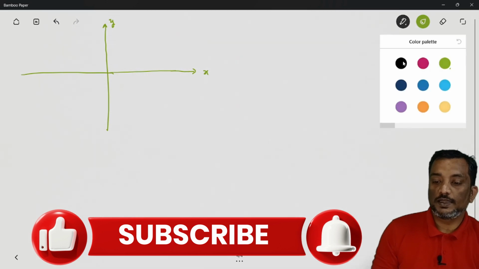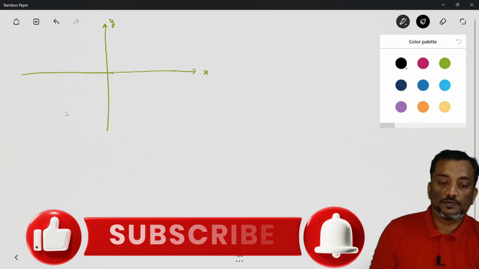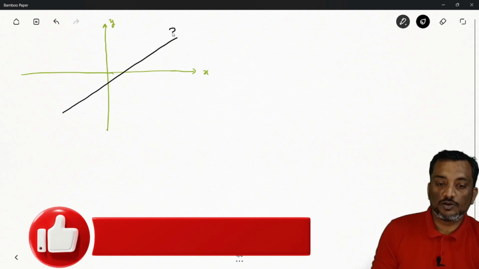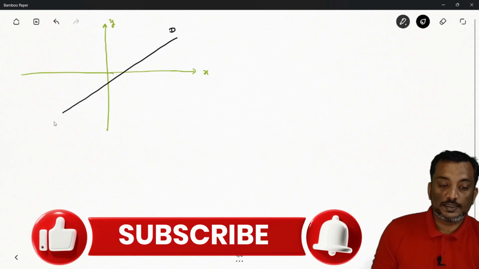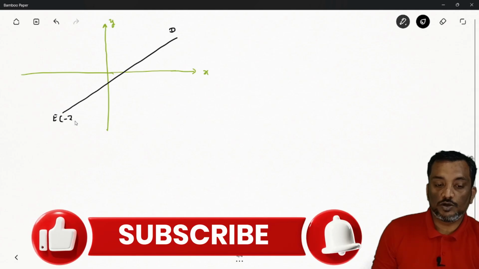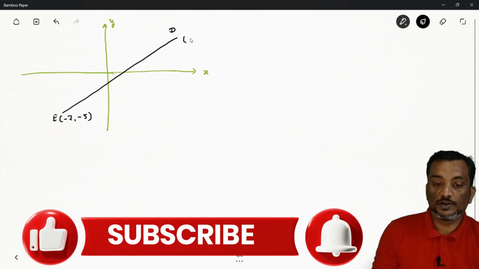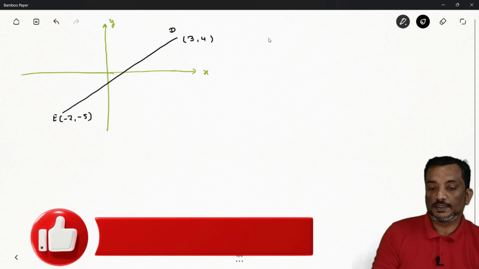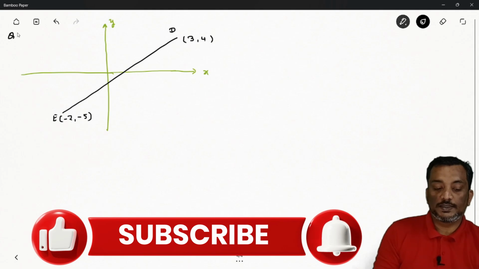Okay, and in this one we have a line, and this line has D coordinate and E coordinate. E is given -2 comma -5, and D is given 3 comma 4. So we have to find the distance between them.